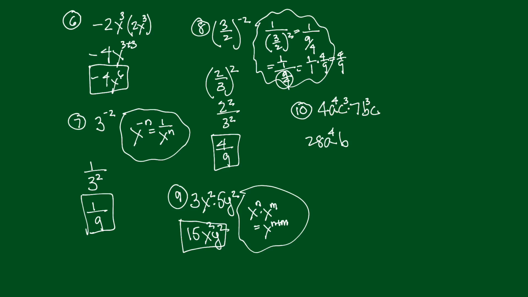So that's it for the b's. What about the c's? Well, the c's have got 3 here and 1 here. Now remember, this is really a 1 over here. So if I add those together, I get 3 plus 1, this 3 plus that 1. So we're going to get 28, a to the 4th, b cubed, c to the 4th.